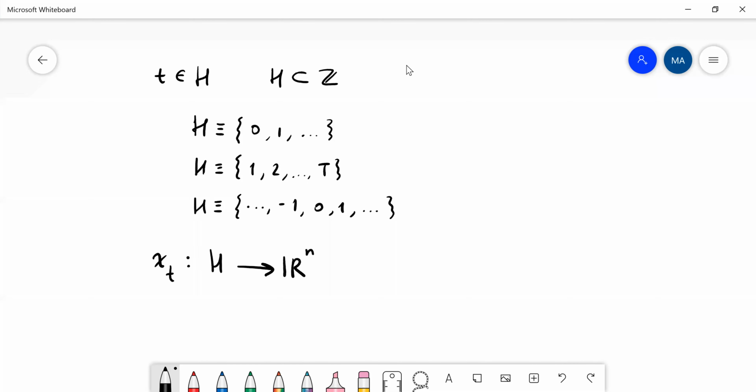But then we can also study, of course, vectors, right? There's no problem in studying vectors. So if I define x_t in this way, what I basically mean is, once again, a vector of variables that change in time, okay?